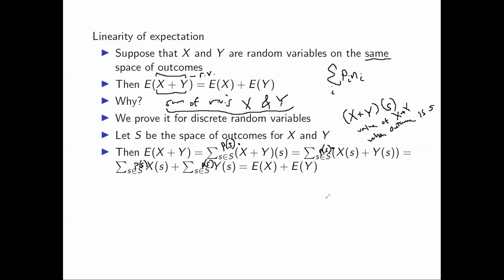We can break those terms up, so we can write it as two separate sums. We're actually doing two steps here, so maybe I'll write this step in the middle: P of s times X of s, and then P of s times Y of s.